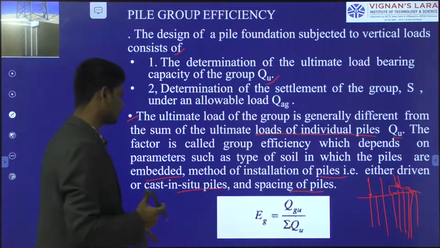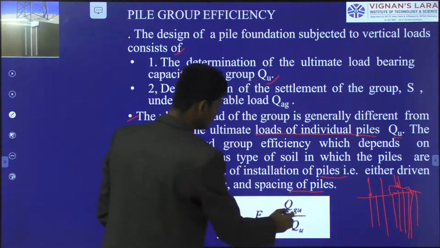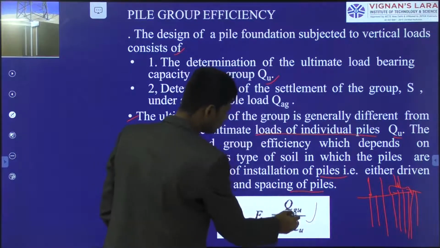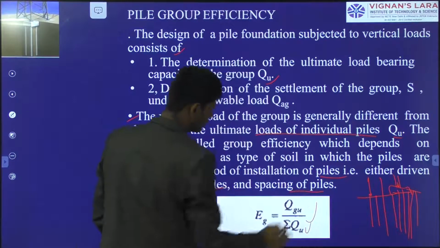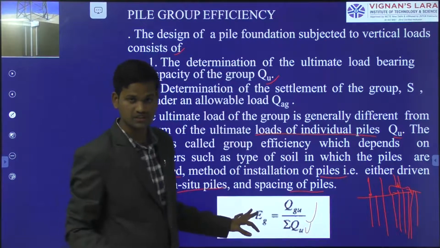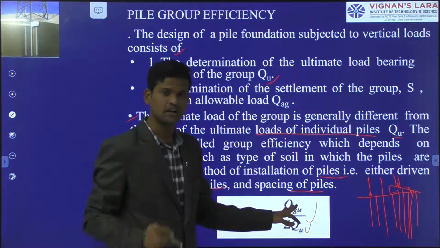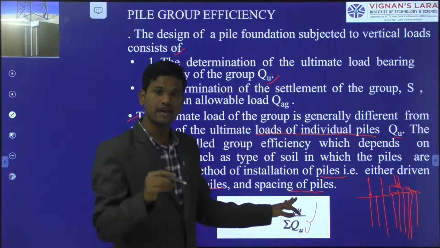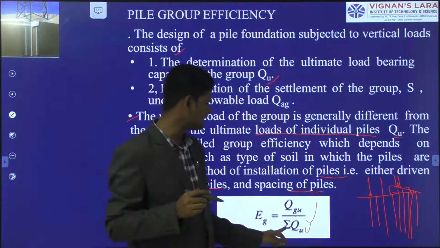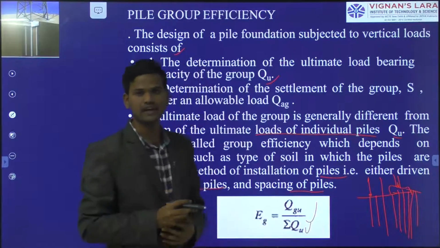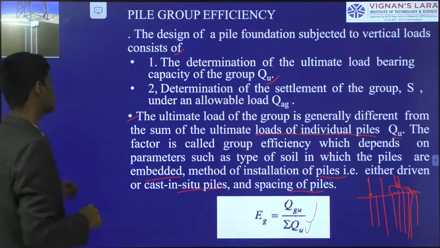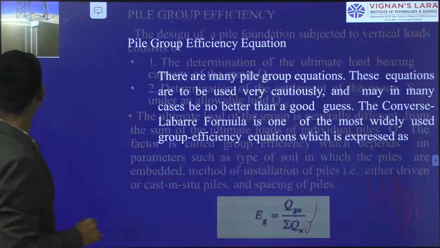The efficiency of the group action of the piles is Eg equal to QGU divided by summation of QU. That means Eg, the efficiency of the group action of the piles, equals QGU, the load carrying capacity of the group of piles, divided by the summation of the individual load carrying capacities of the piles. This is for a pile group condition.